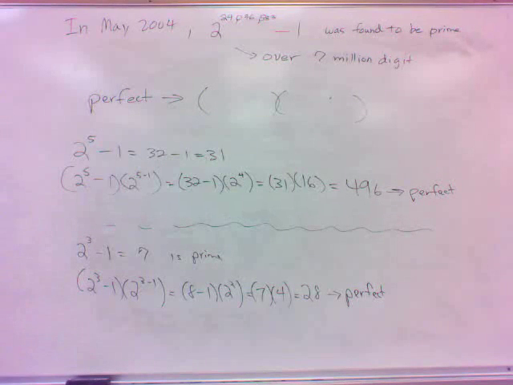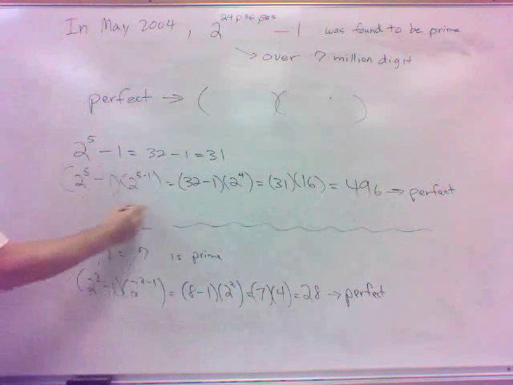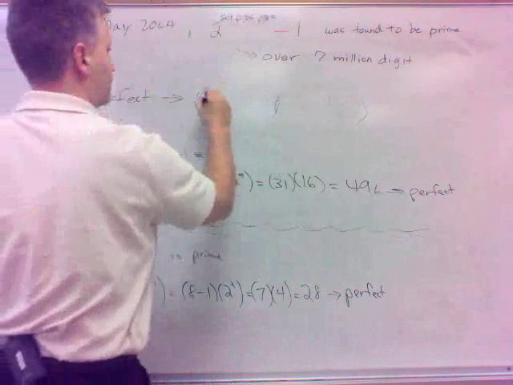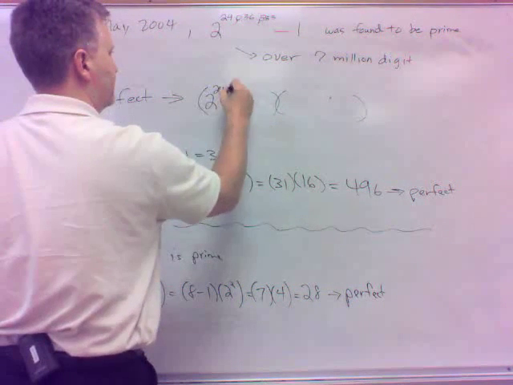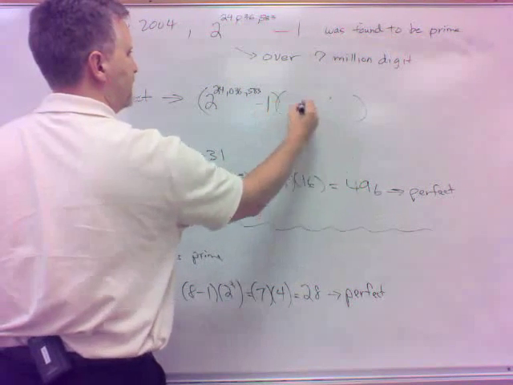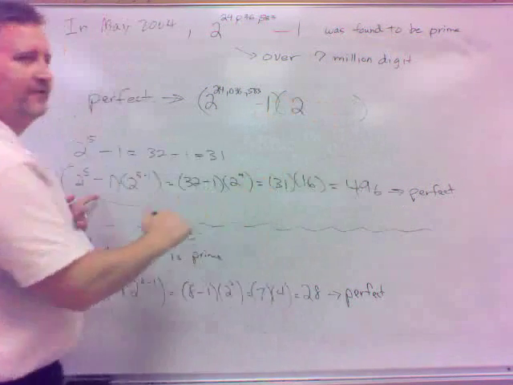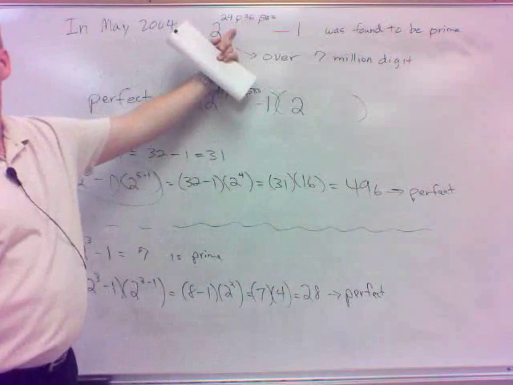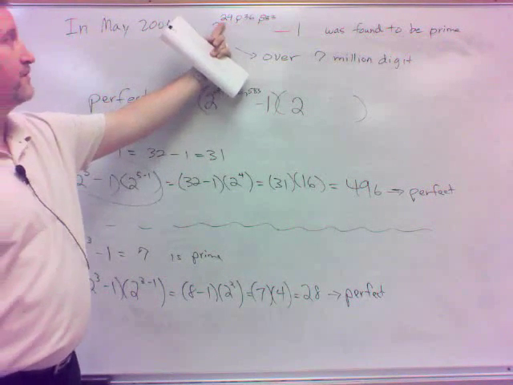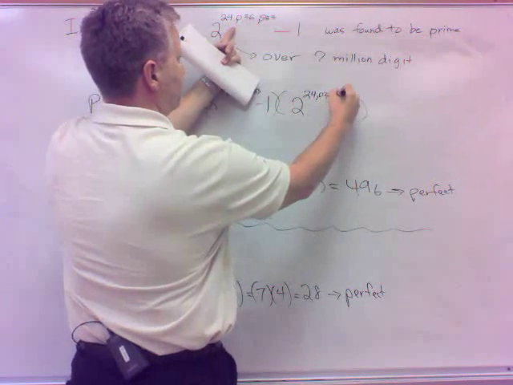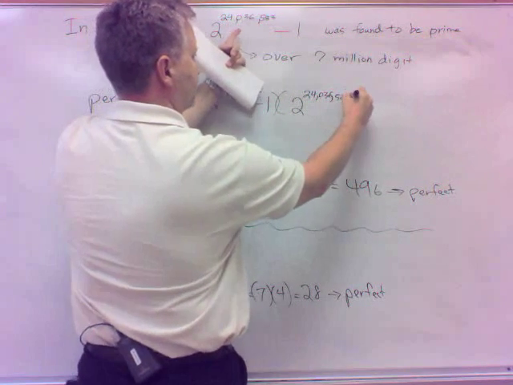Well, we can't get the actual number out of it, but we can put it in this form, couldn't we? It'd be 2 to the 24,036,583 minus 1, times 2 to that power minus 1, so 2 to the 24,036,582.